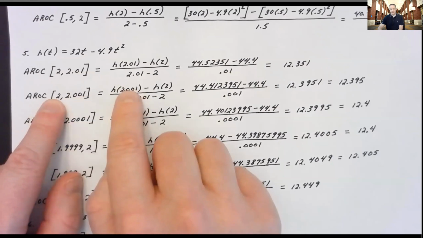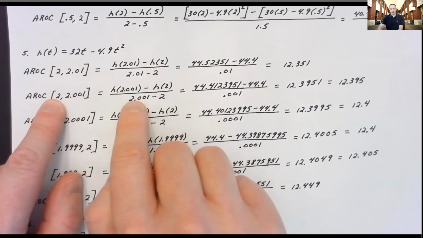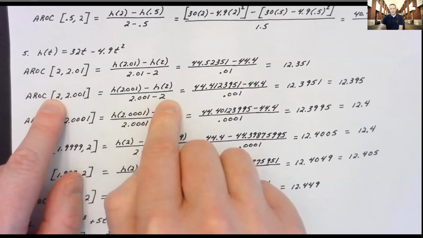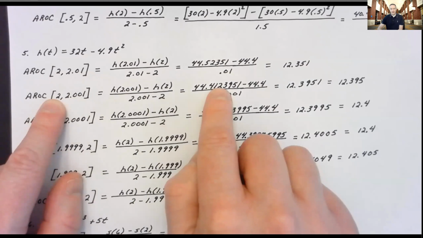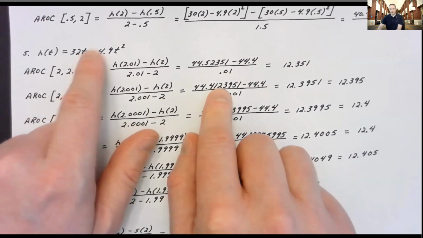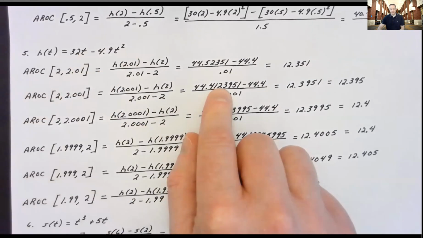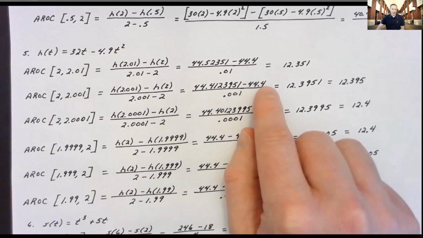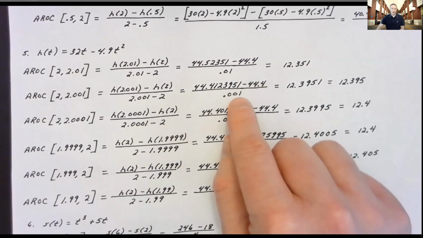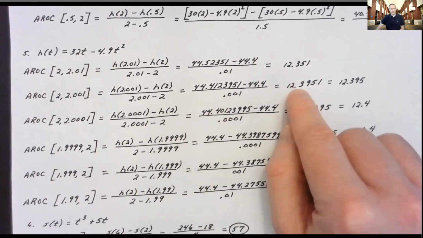I do ending position minus beginning position, end time minus beginning time. h of 2.001, and again you're just plugging it into that equation, gave me 44.4123951. We're subtracting the beginning position from that, dividing it by 1/1000th of a second.